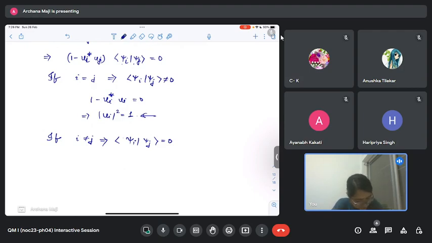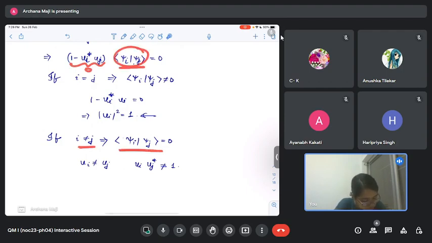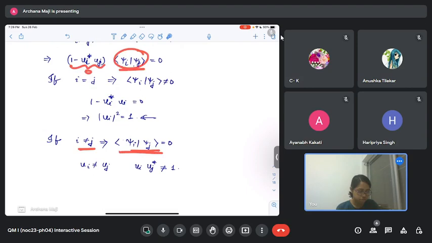So when i is not equal to j, ui is not equal to uj, so that means ui uj star is not equal to 1. So that means this is non-zero when i is not equal to j, and the inner product of eigenvectors corresponding to two different eigenvalues has to be 0.